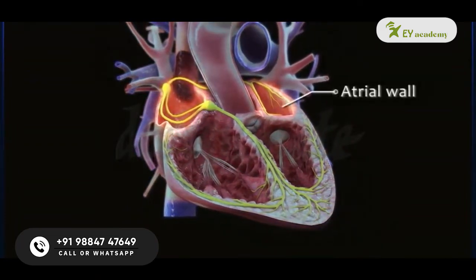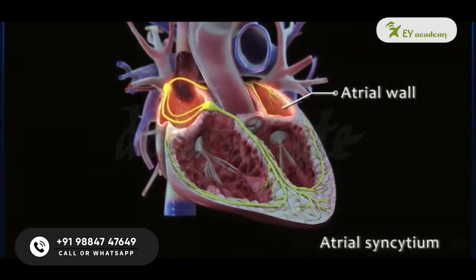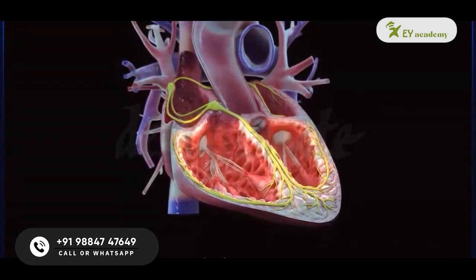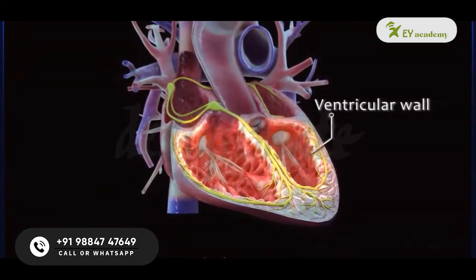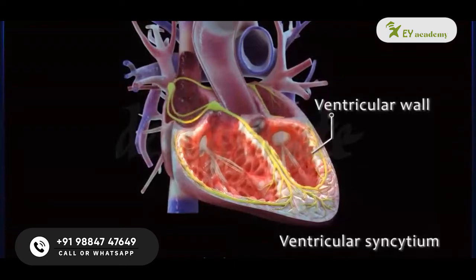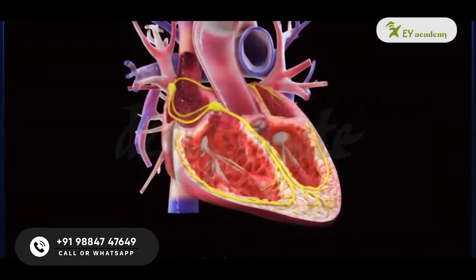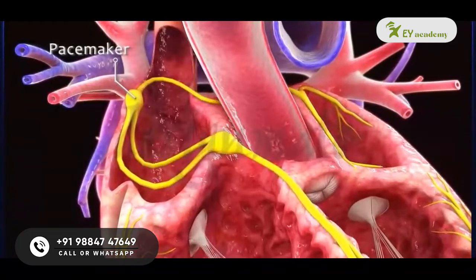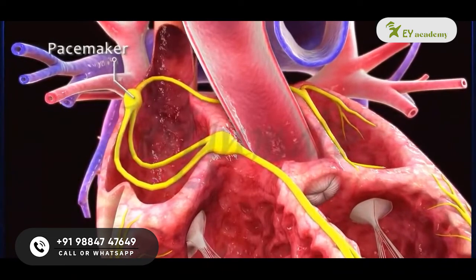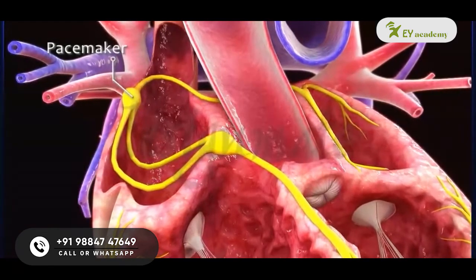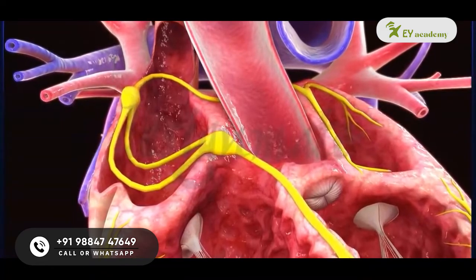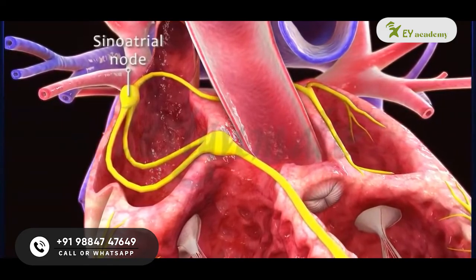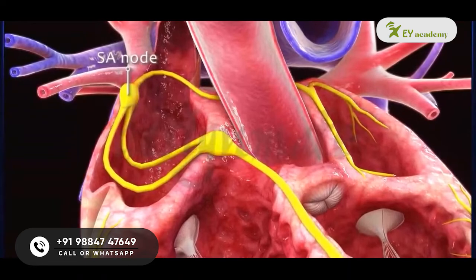The walls of the atria form the atrial syncytium, and the two ventricular walls constitute the ventricular syncytium. The pacemaker is located in the wall of the right atrium. It is also known as the sinoatrial node or SA node.